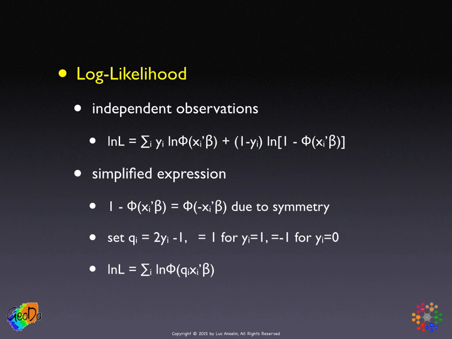Then we can write this very concisely as the sum of the logs of the standard cumulative normal distribution evaluated at q sub i, x sub i, beta. So the q sub i basically manages the sign of x sub i beta. It's positive for y sub i equal 1, and it's negative for y sub i equals 0. So that's just standard notation.